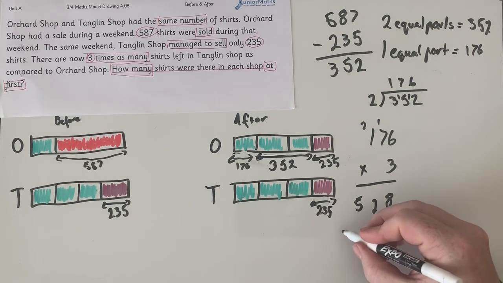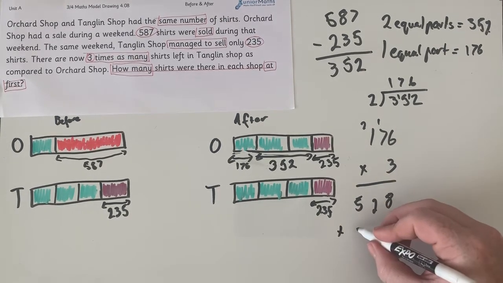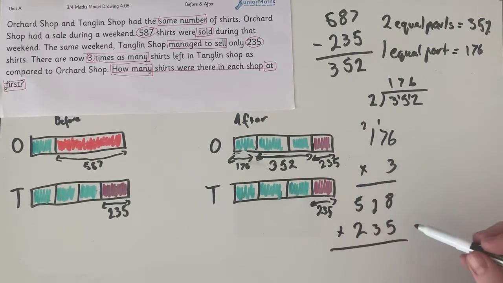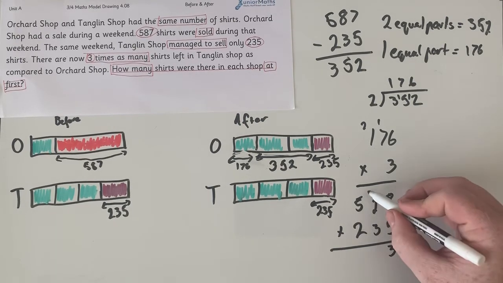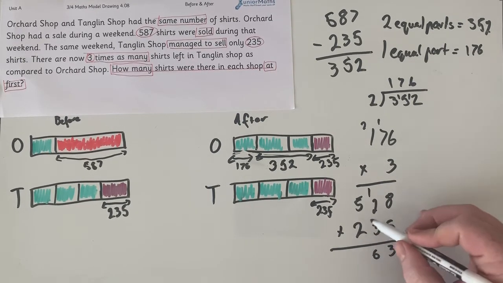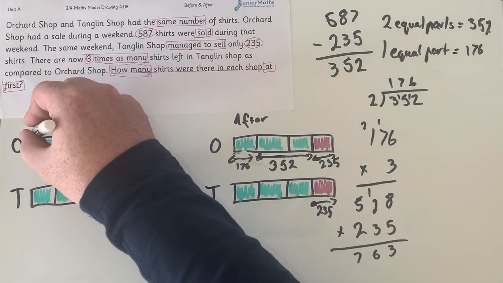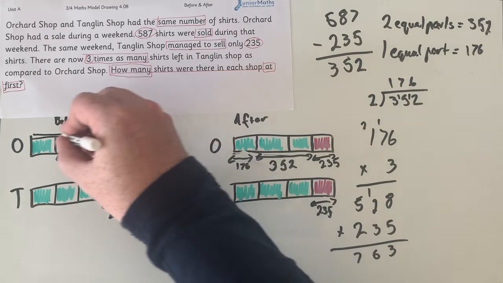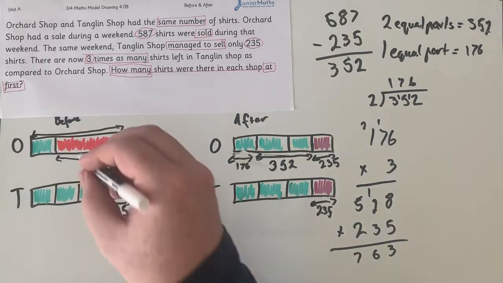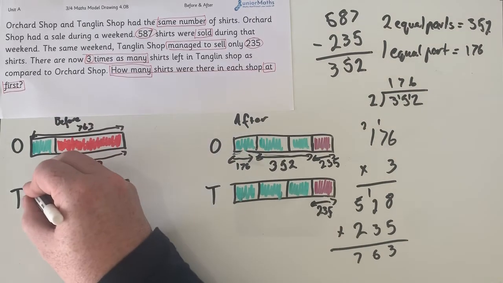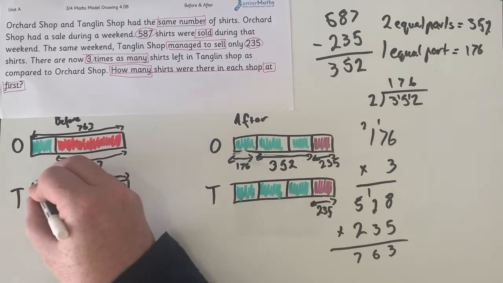Plus my 235. Forgot, that's why it didn't feel right. I hadn't added this yet. So that means in the beginning, each store had 763 shirts.